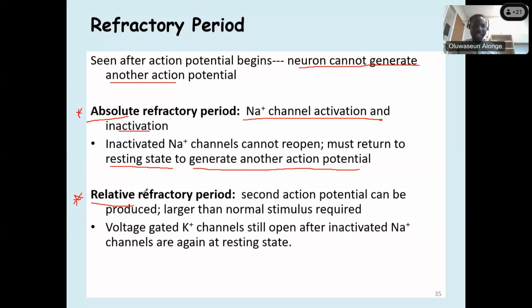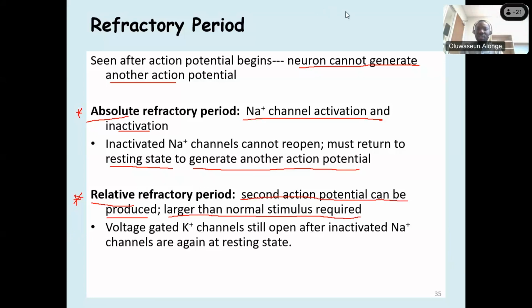I'm going to forget that I stepped on a needle because a different stimulus that is greater has been applied. So a greater action potential will be generated. So look at it. A second action potential can be produced if a larger than normal stimulus is supplied. Now, voltage-gated potassium channels are still open after the inactivated sodium ion channels are again at rest.